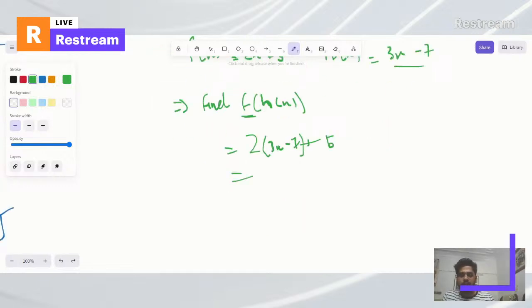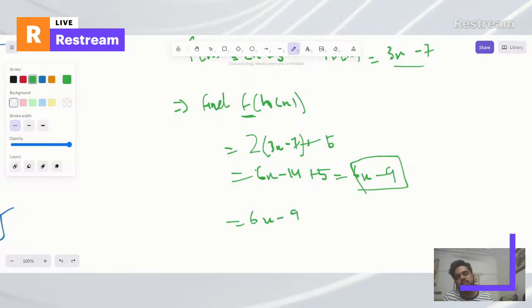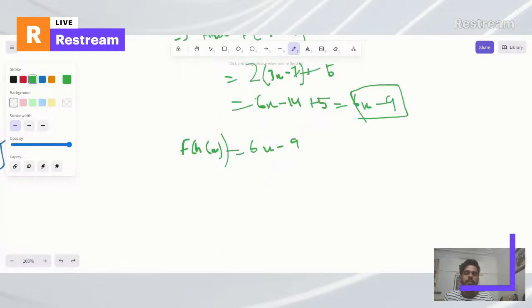Now we just simplify it. 2 times 3 becomes 6x, and 2 times 7 becomes negative 14, plus 5. So the final answer would be 6x minus 9. That's as simple as it gets. So that is the value of f(h(x)). I hope you understand this.